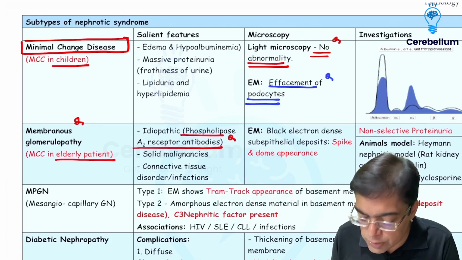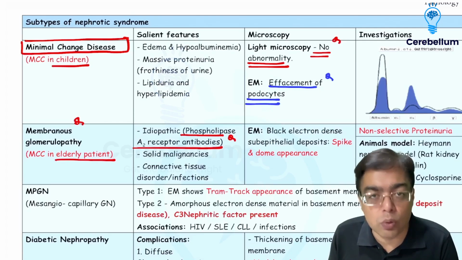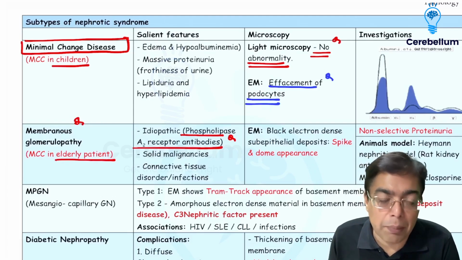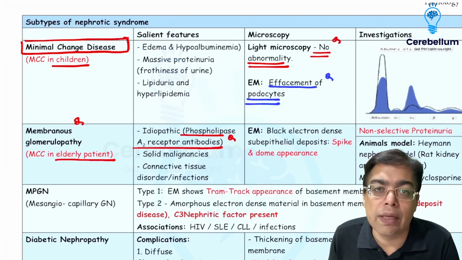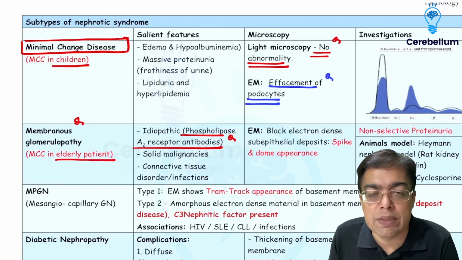Membranous glomerulopathy also has a strong association with patients having a history of cancers, for example colon cancer, breast cancer and melanoma. Some patients can have an association with connective tissue disorders as well, like SLE. There may be patients who have an association with infections, most commonly hepatitis B infection, or sometimes hepatitis C as well.